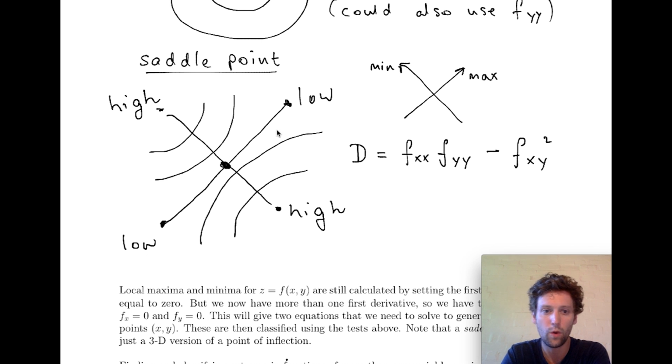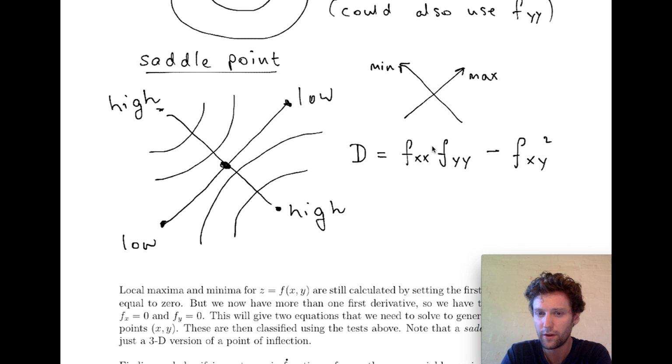That is to say, rotate this whole picture here so that walking along the y direction gives me this low to high to low, and walking in the x direction gives me this high to low to high, right? So in the y direction, I'm actually looking at a maximum, and in the x direction, I'm looking at a minimum, right? That defines a saddle point, where I can walk in one direction to get a maximum and walk in the other direction to get a minimum.